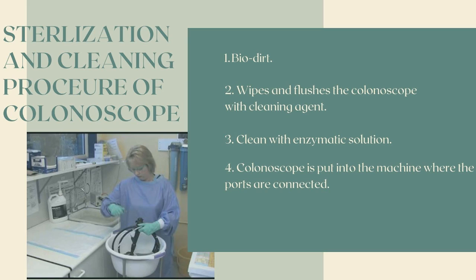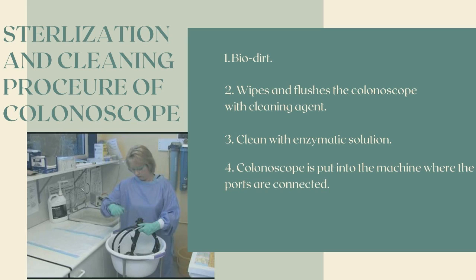First, the technician wipes and flushes the colonoscope with a cleaning solution meant to get rid of biodirt. The colonoscope is then cleaned with Metrizyme, an enzymatic solution designed to break down and remove all debris. During this procedure, a technician uses long specialized brushes to clean all the ports and buttons as well.